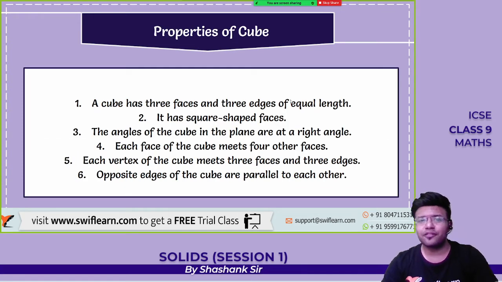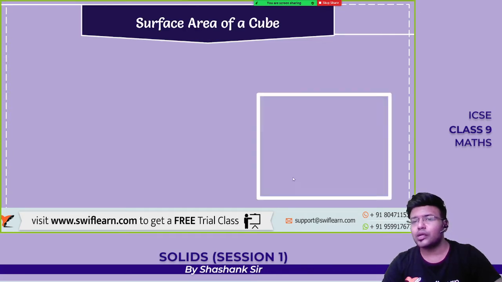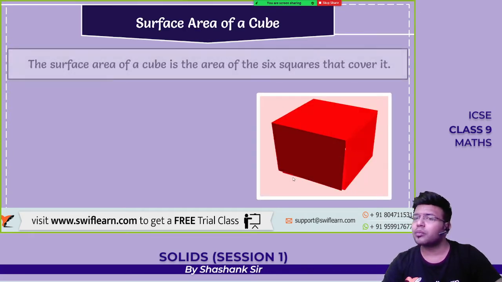A cube has 3 faces and 3 edges meeting at each vertex, with equal length edges. The angles of a cube in a plane are right angles. Each face of a cube meets 4 other faces. Each vertex of a cube meets 3 faces and 3 edges. The opposite edges of a cube are parallel to each other. These are the properties of a cube.